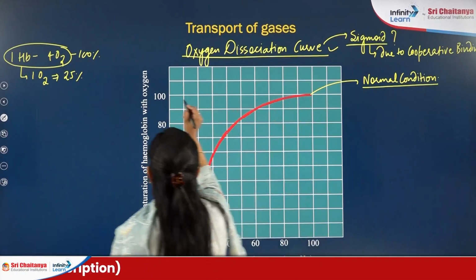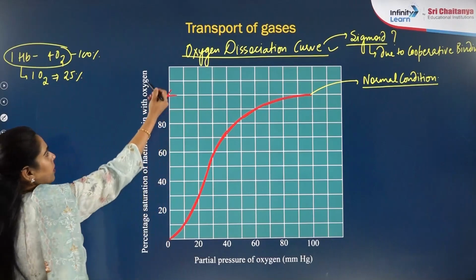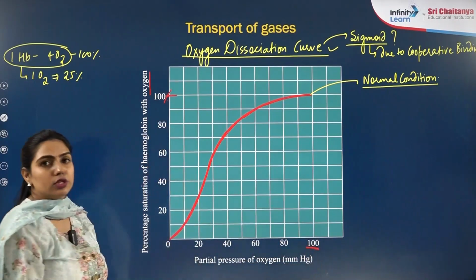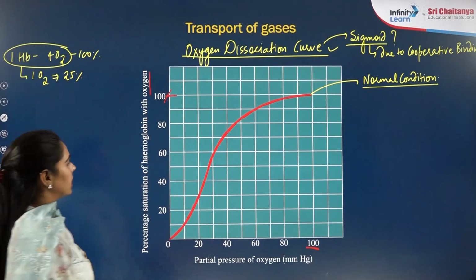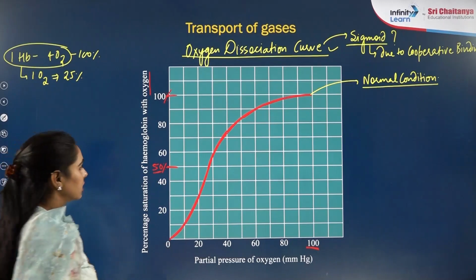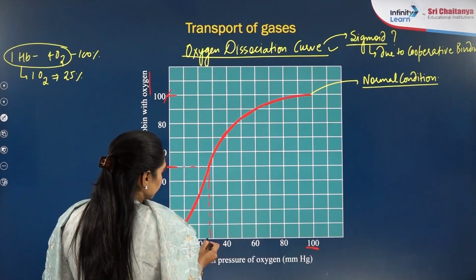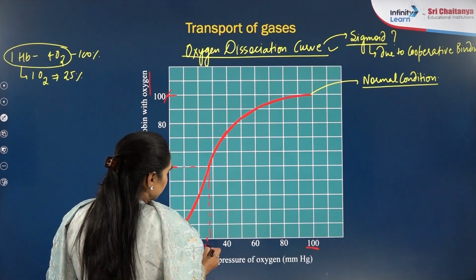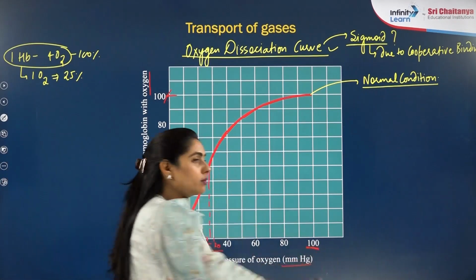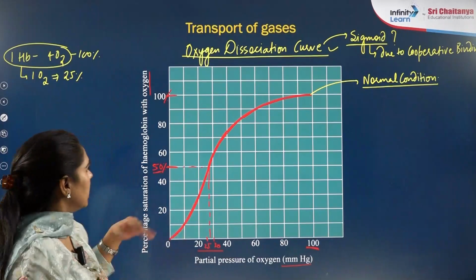And here you can see the 100% saturation of hemoglobin with oxygen, and this is the partial pressure at which 100% saturation is obtained. Now this is the 50% saturation, achieved somewhere between 25 to 30 mmHg partial pressure under normal conditions.